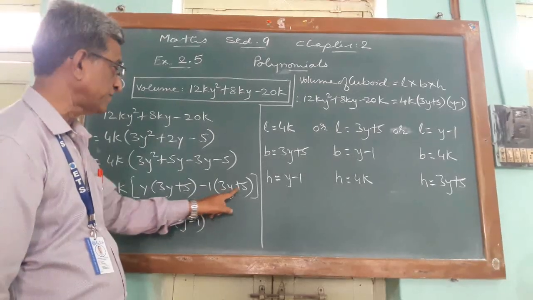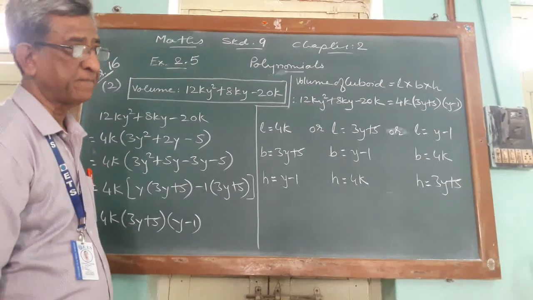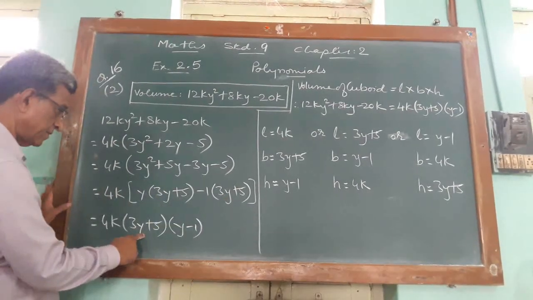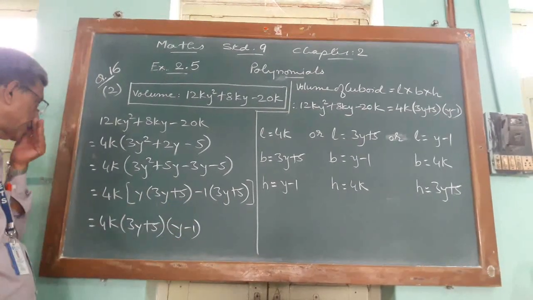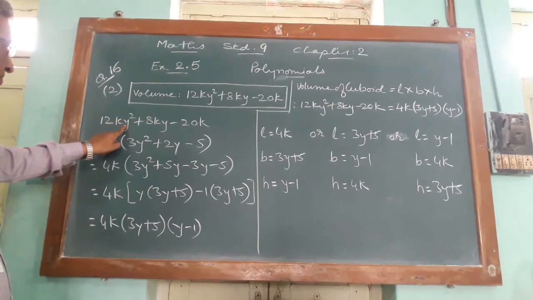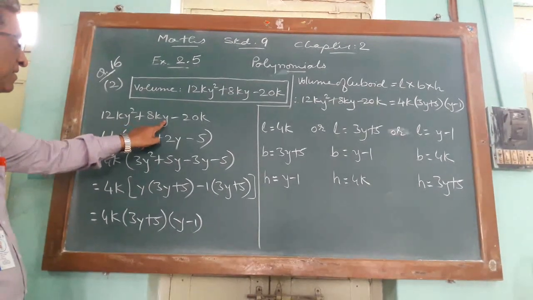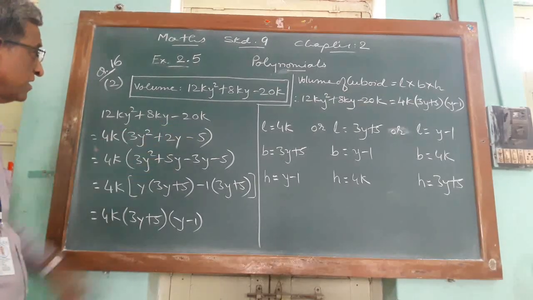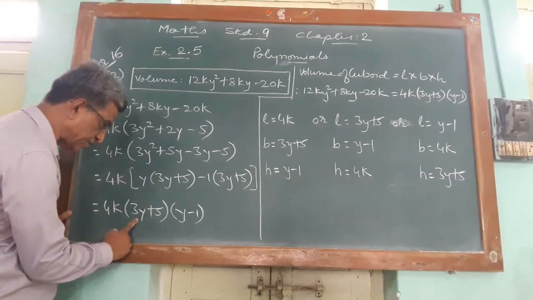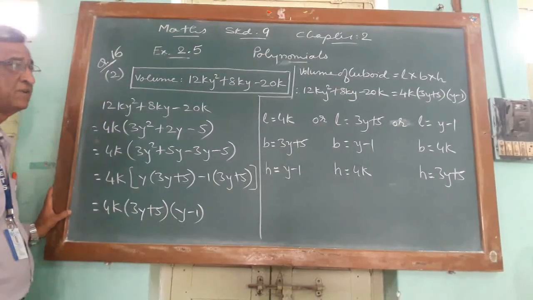So here you will get 3y plus 5. Now common bracket 3y plus 5 and y minus 1. So the factors of 12ky square plus 8ky minus 20k are 4k, 3y plus 5, y minus 1.